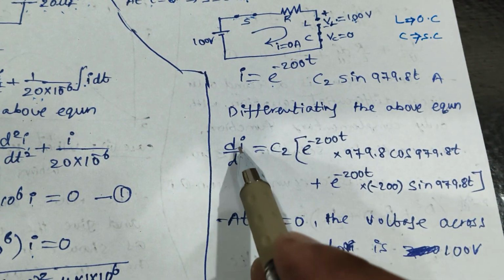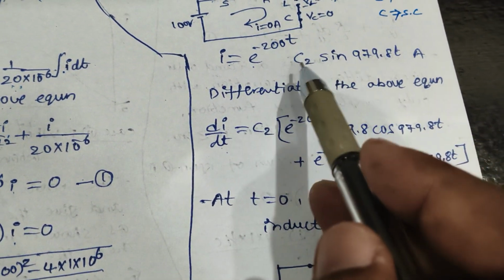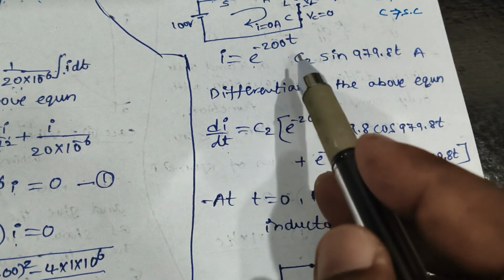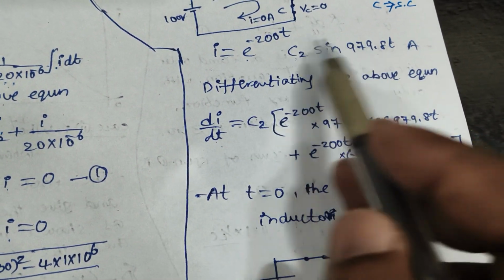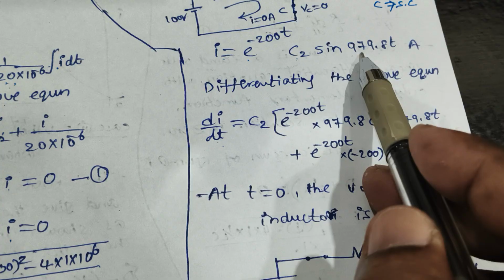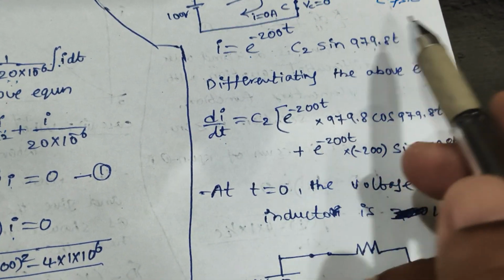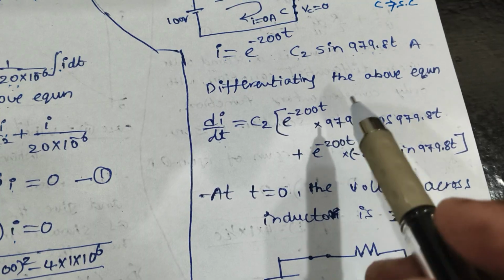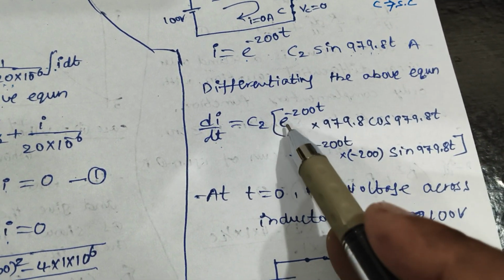For that, I'll differentiate this equation. di by dt is equal to, C2 is a constant, so I'll take it out of the differentiation. It is just like u and v, two terms are there, right? Differentiation of uv is u dash v plus u v dash. I'm differentiating the sine term first, you can differentiate any one term.